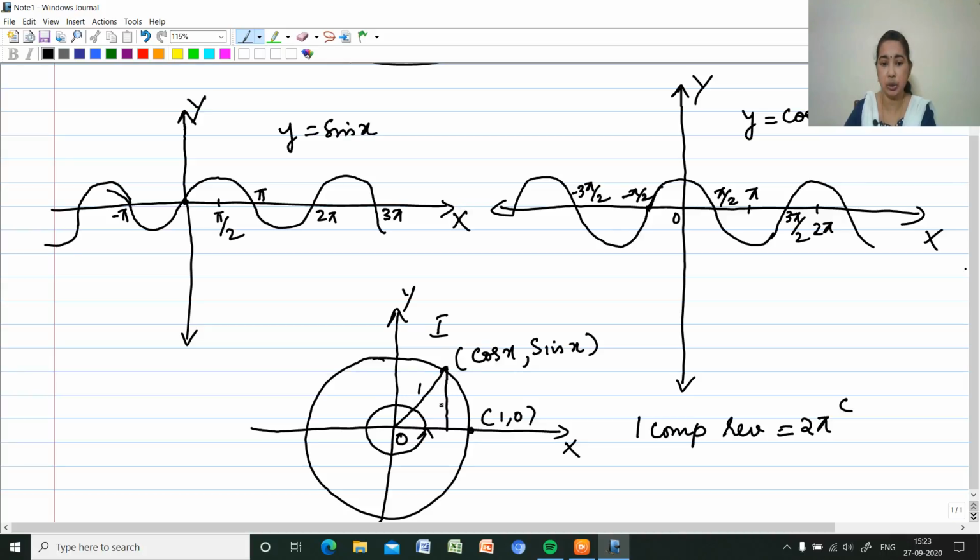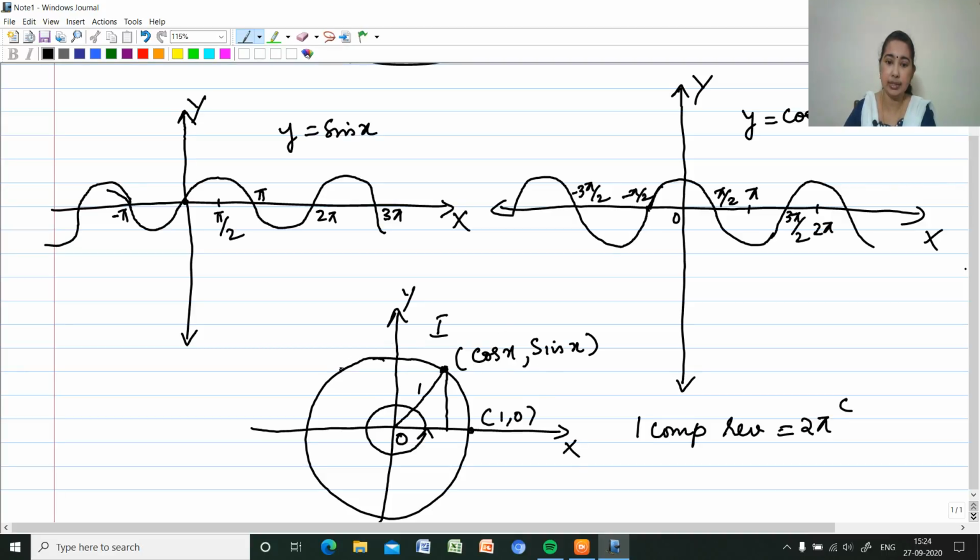In the first quadrant, both cos and sine will be positive. On the unit circle, this point we mark as cos x, sin x. The x value will be cos x, and the y value will be sin x. So in the first quadrant, both cos x and sin x will be positive.